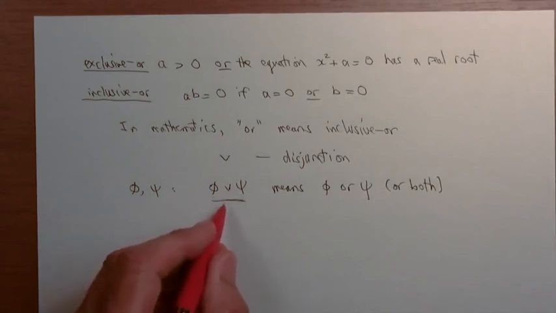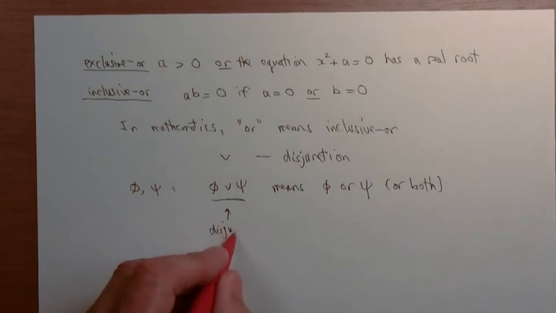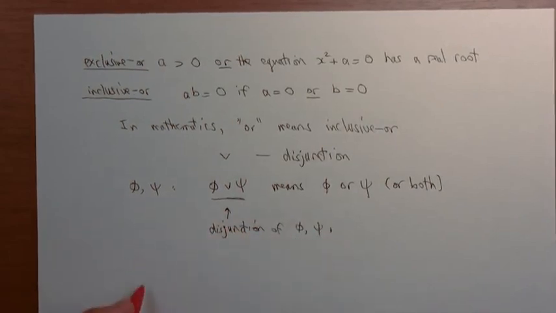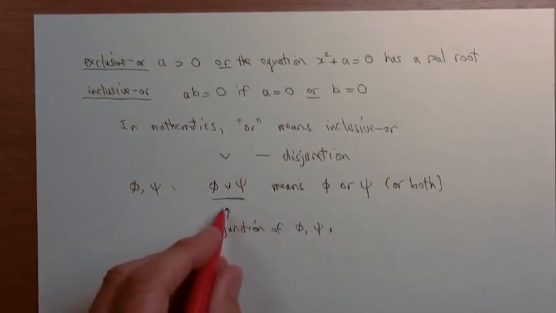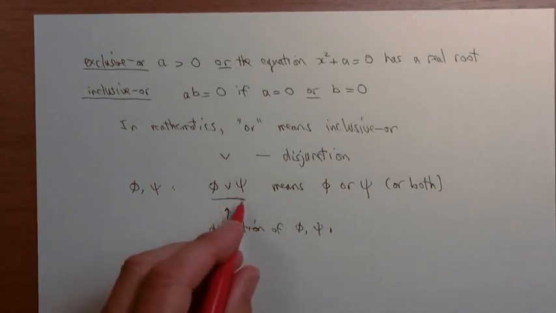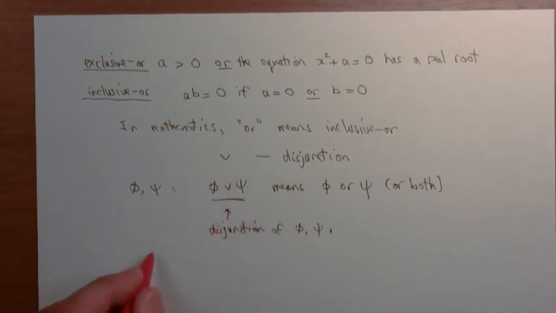This sentence phi or psi is called a disjunction of phi and psi. And relative to the disjunction, the constituents phi and psi are called the disjuncts.